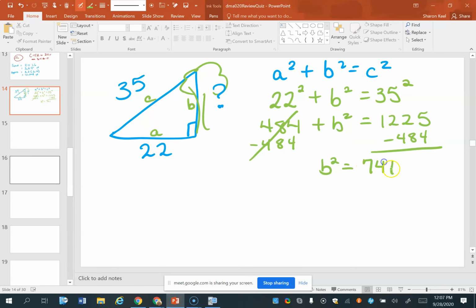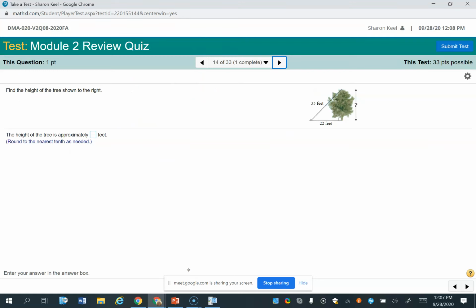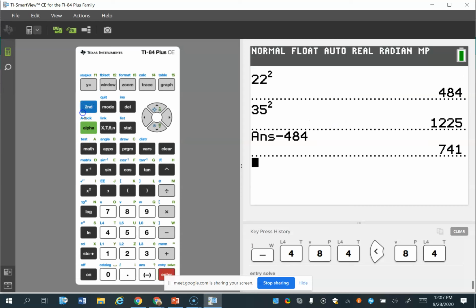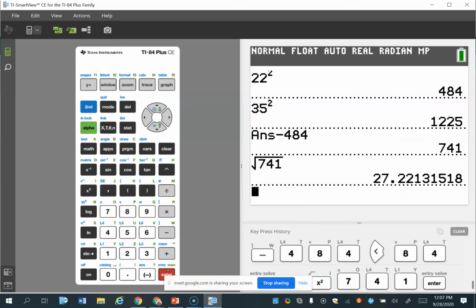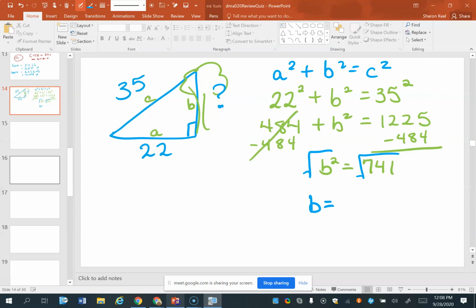To get our solution for the height of the tree, we're going to have to take the square root of 741. Let's look here. It says for us to round to the nearest tenth. So we're going to do the second square root, 741, and we have 27.2213.